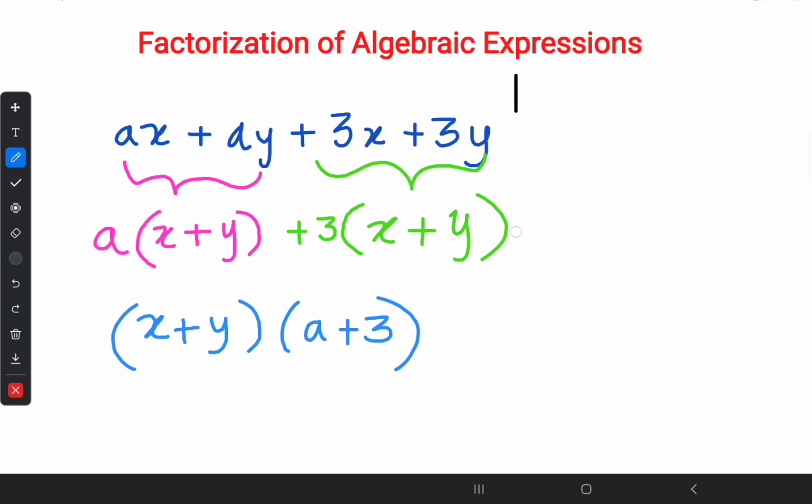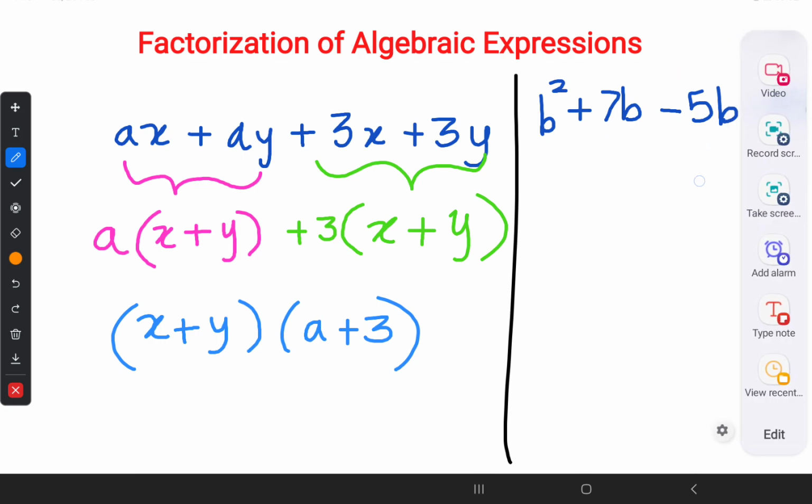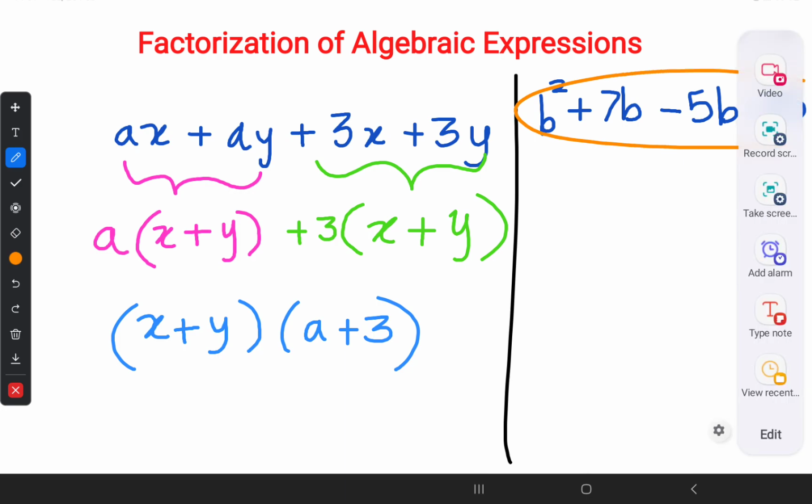Let's try another one. Here we have b squared plus 7b minus 5b minus 35. When you select all these values, there is no common factor.